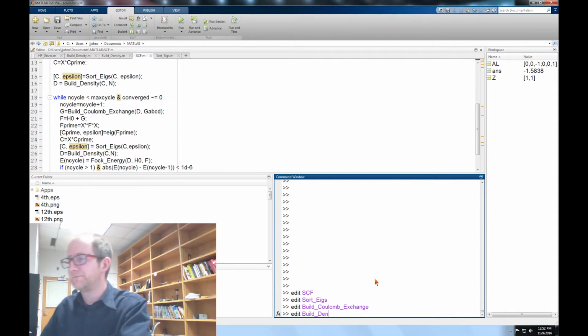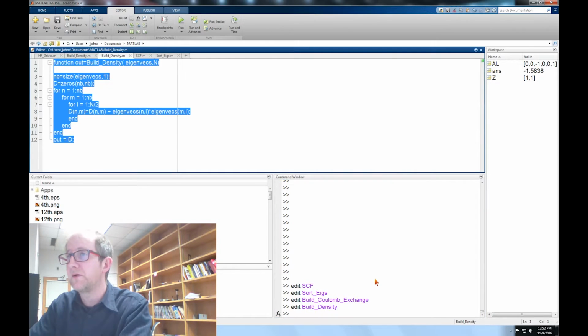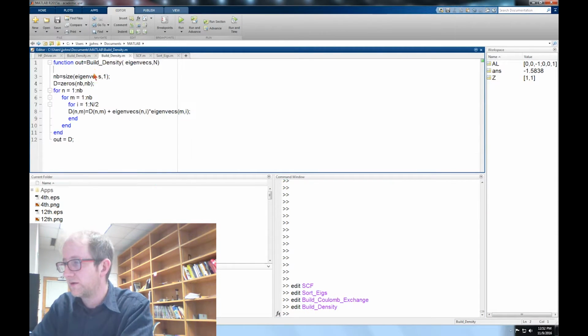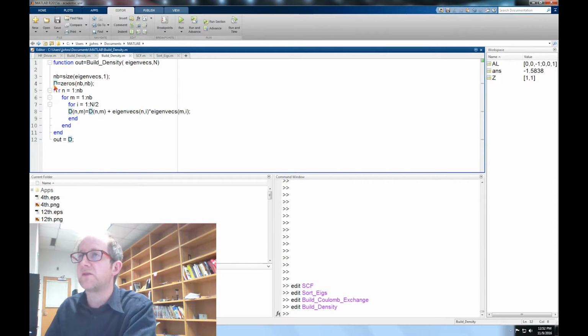Yep. Okay. Edit build density. Here we go. Apparently I'd already written this one. So this is out equals build density. We take our eigenvectors and the number of electrons in. We get the size. We start D equal to 0. And then we loop over all of the elements for n equals 1 to NB, for m equals 1 to NB, and then for I equals 1 to n over 2.